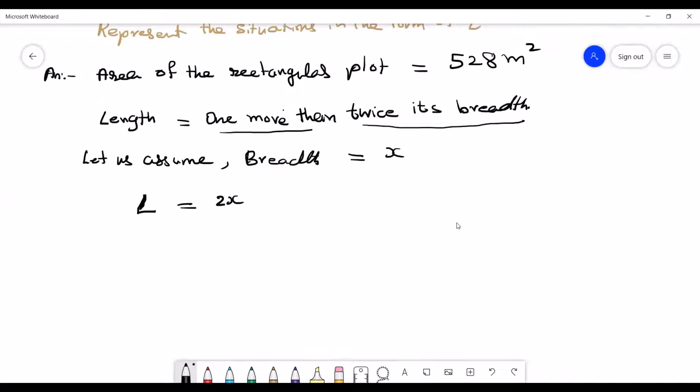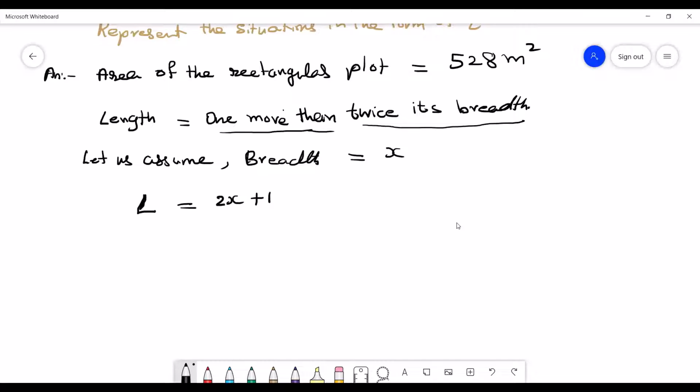Since it is twice its breadth, we multiply x with 2, so we got 2x. And it says 1 more than twice its breadth, so 1 more than means plus 1. This way L is representing 2x plus 1, that is 2 into breadth plus 1.